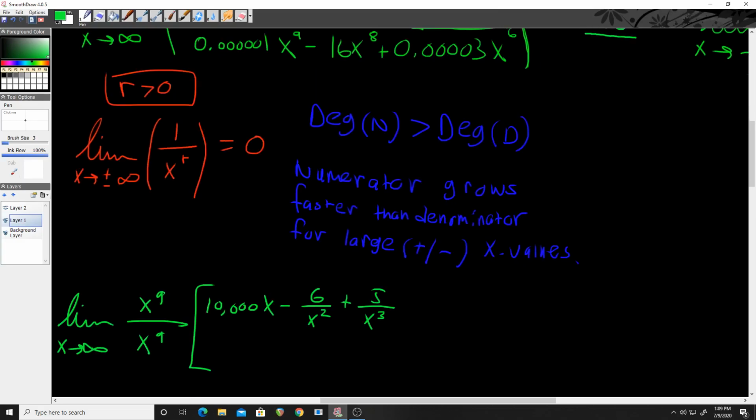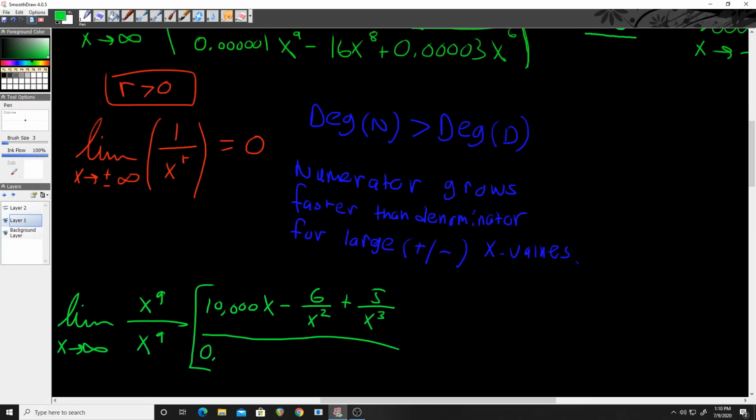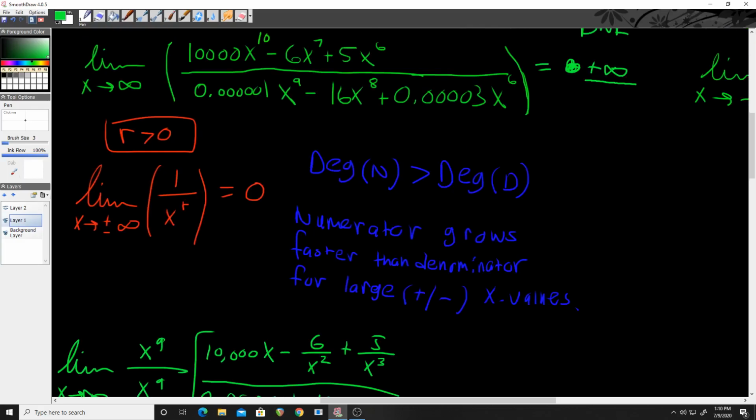Over, and now, again, we're taking out x to the 9. So we're just going to have the 0.000001 left, 5 zeros. We're taking out x to the 9 minus, and then 16, and then 8 minus 9, negative 1, so 16 over x.